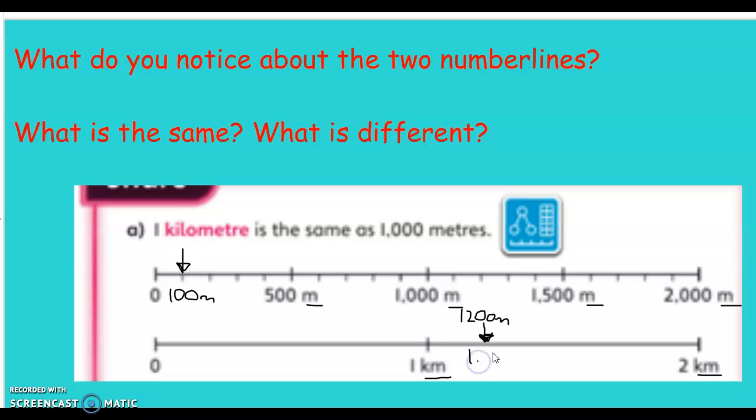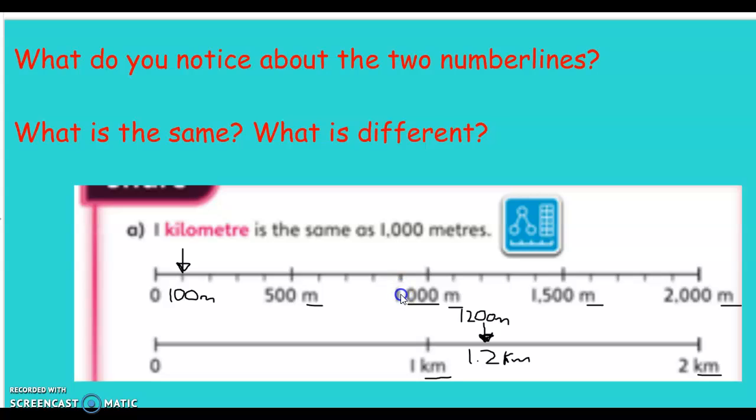If you had a go at figuring it out, it would be 1.2 kilometers. Because you can see, when I look at my 1,000 meters and my 1 kilometer, I've lost 3 spots in my place value.